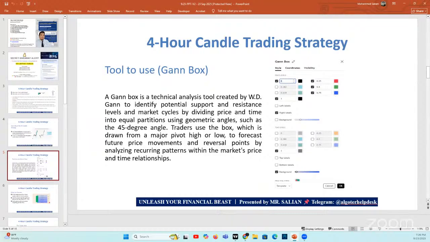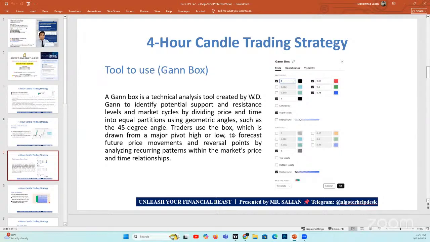Using geometric angles such as the 45-degree angle, traders use the box, which is drawn from a major pivot, high or low, to forecast future price movements and reversal points by analyzing recurring patterns within the market's price and time relationships. I know the English is sometimes very difficult to understand, but that's the explanation there.